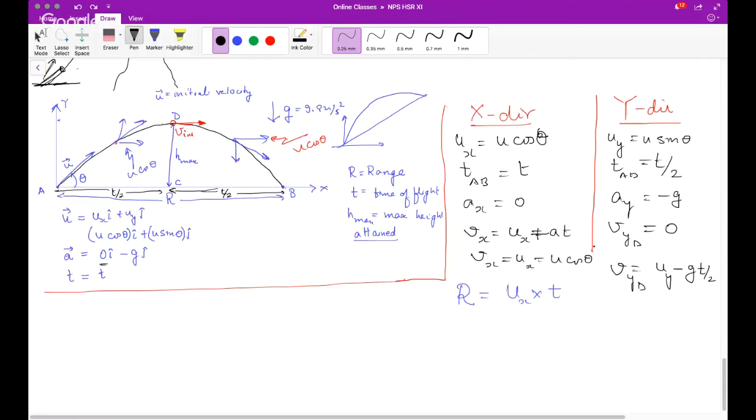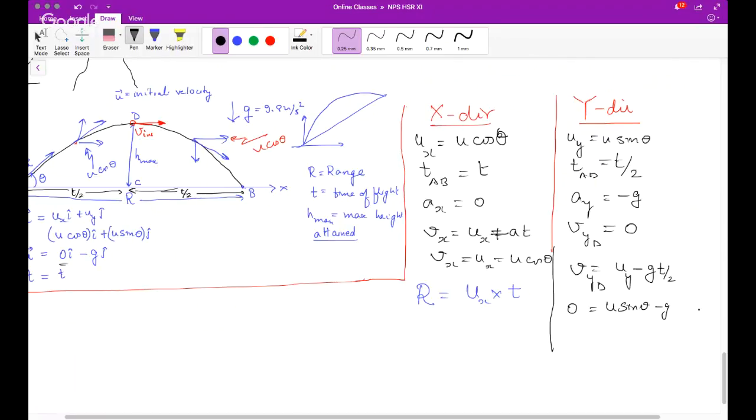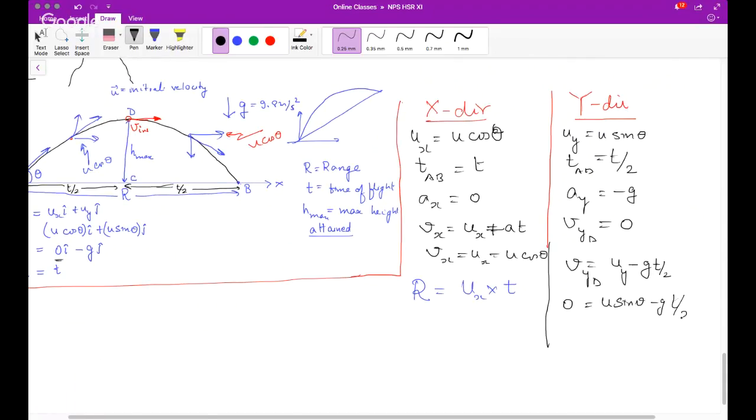Moving ahead, 0 equals u sine theta minus g t upon 2. So from here, what do I get? This implies t is equal to 2u sine theta upon g. That's what is called the time of flight.